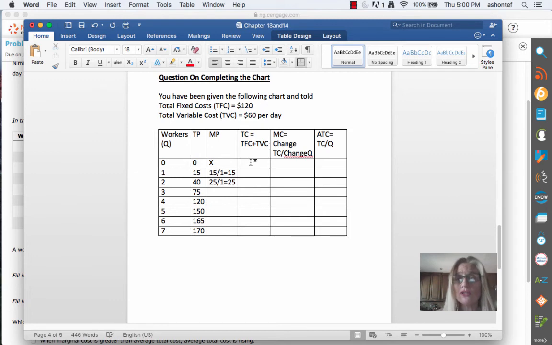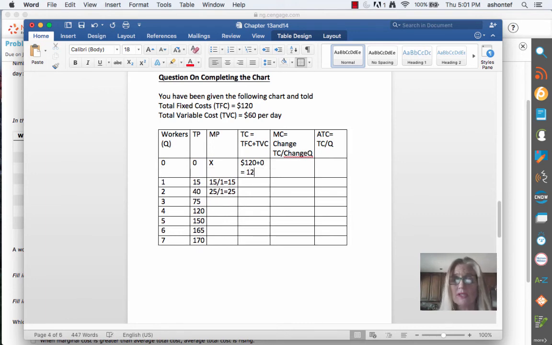For total cost, you're just going to fill in the information based on what you were given. So your total cost would be the fixed cost, 120, plus the variable of 60 per day, but we're not hiring anyone, so that would be 0, which would equal $120. Let's do one more.